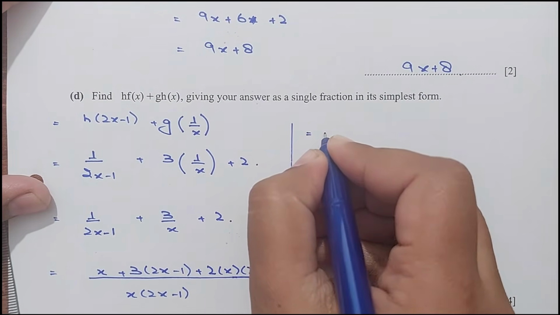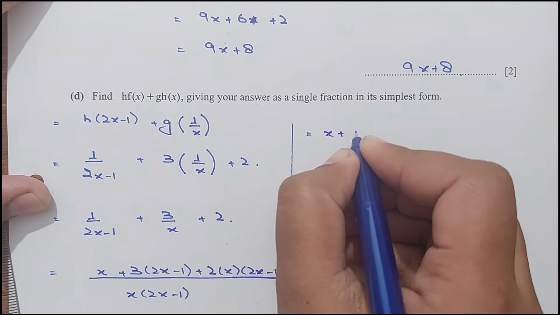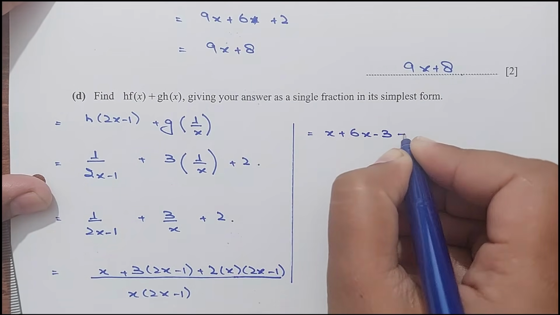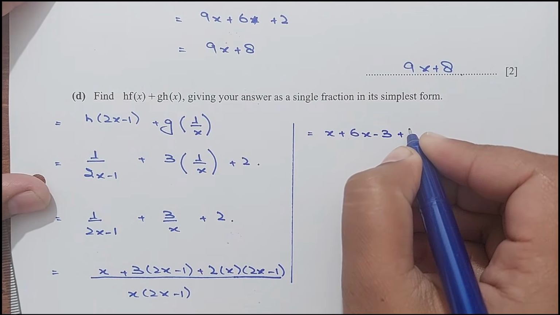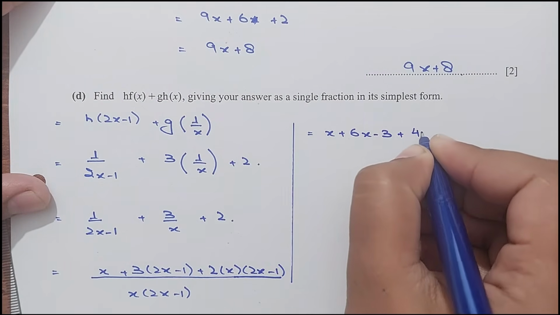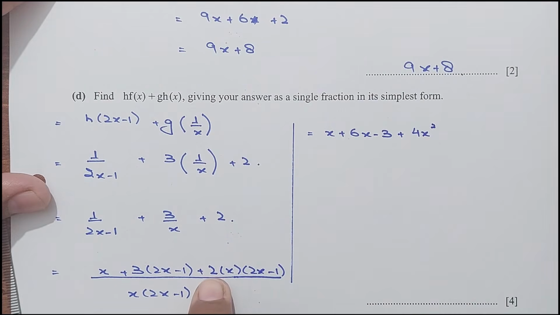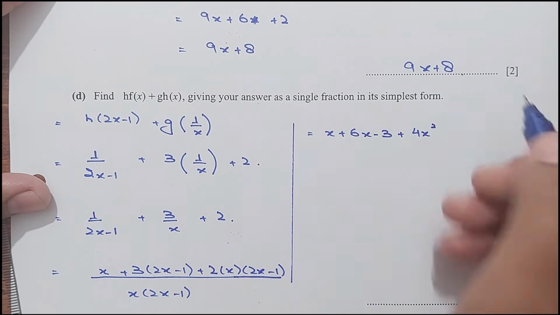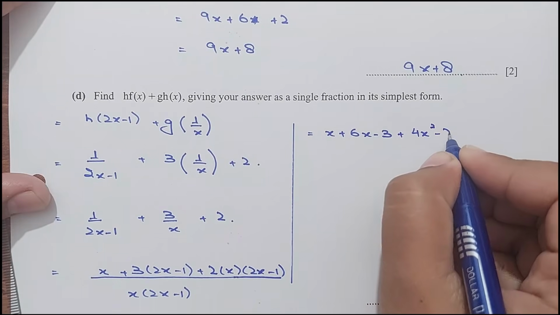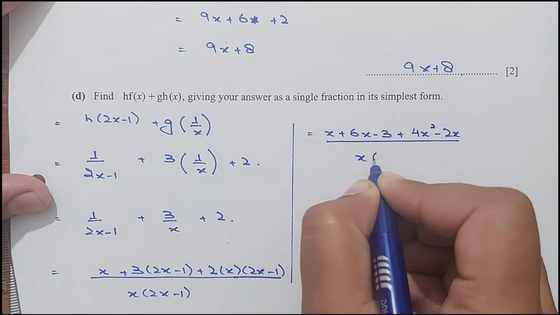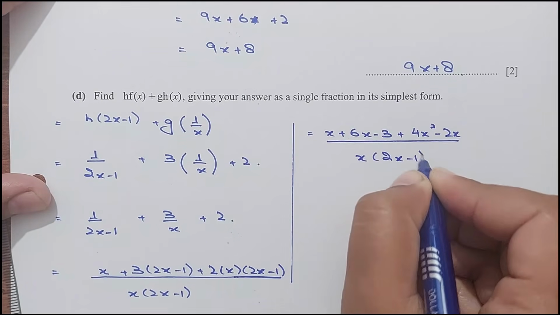So this should be x plus 6x minus 3 plus 2x times 2x minus 1. This would be 4x squared, since 2x is multiplying with 2x, and 2x is multiplying with minus 1, so minus 2x, divided by x times 2x minus 1.